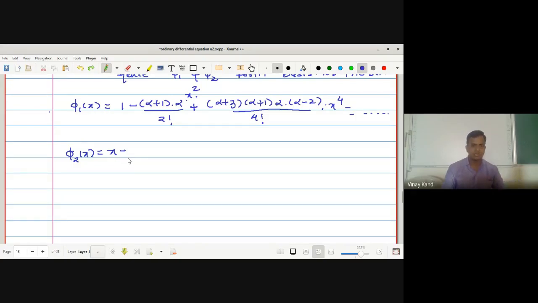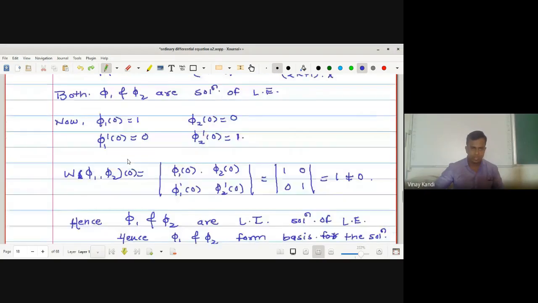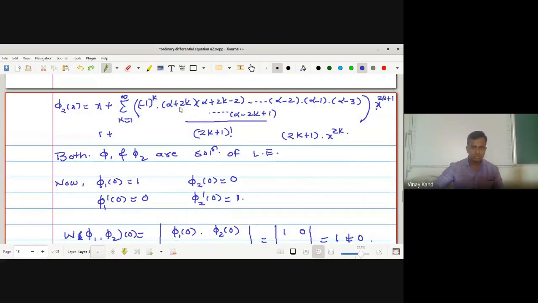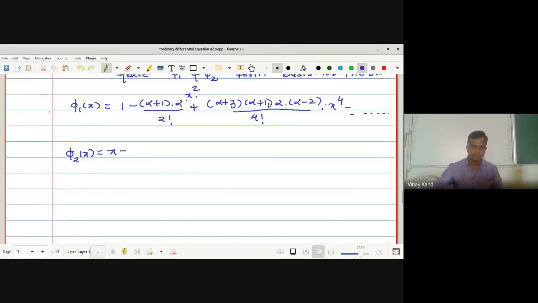Okay now put k is equal to 1, here we get minus sign, here alpha plus 2, याच्यामध्ये 1 ठेवा, अल्फा प्लस 2 येणार आणि इकडे काय येणार, अल्फा मायनस 2 प्लस 1, सो अल्फा मायनस 1. ते काय येईल, अल्फा प्लस 2 आणि अल्फा मायनस 1. If we put k is equal to 1 so here we get alpha plus 2 into alpha plus 1 upon 3 factorial, 2k plus 1 means 3 factorial into x cube. Okay, any doubt?